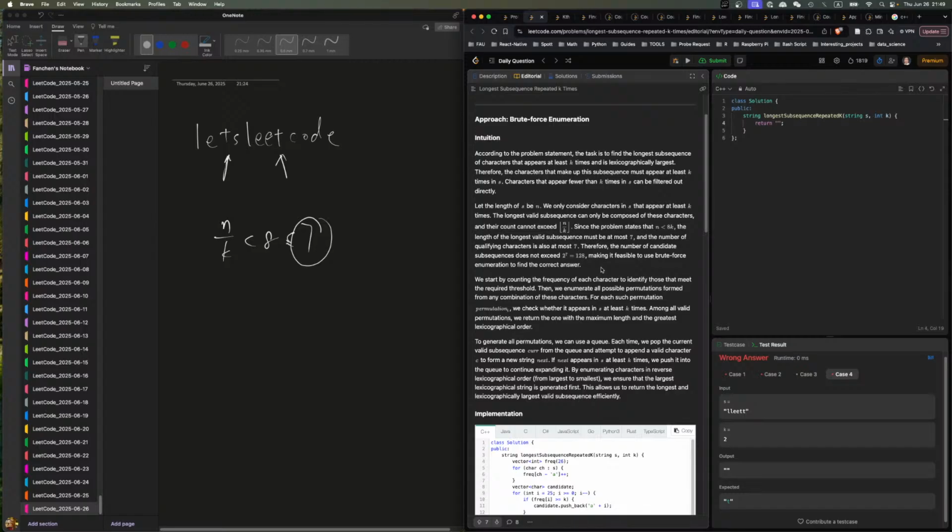Therefore, the number of candidate subsequences does not exceed 2 to the 7. Huh? The number of candidate subsequences. I don't know how you come up with this 2 to the 7th power.